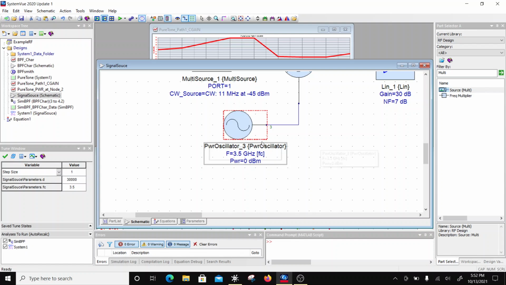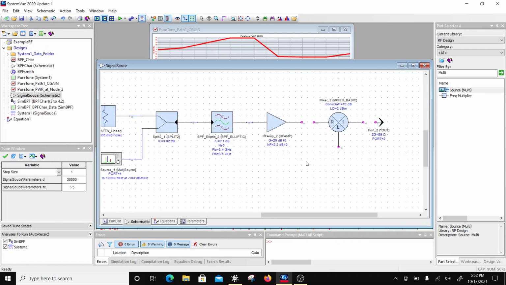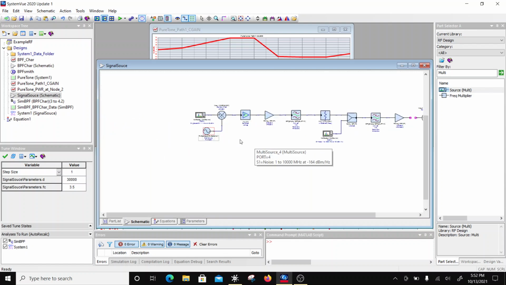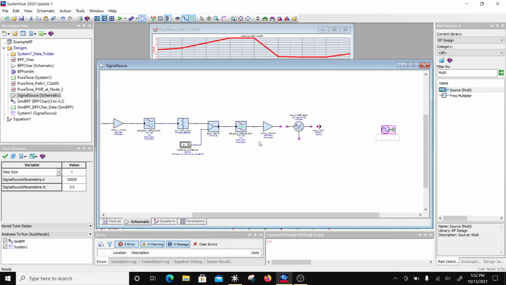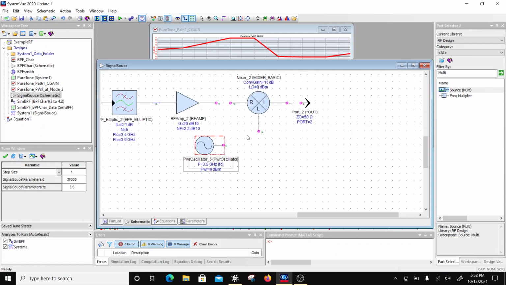So it's 3.5 gigahertz, doesn't change. And here is again the same frequency FC, right? So I can just copy this block over here.